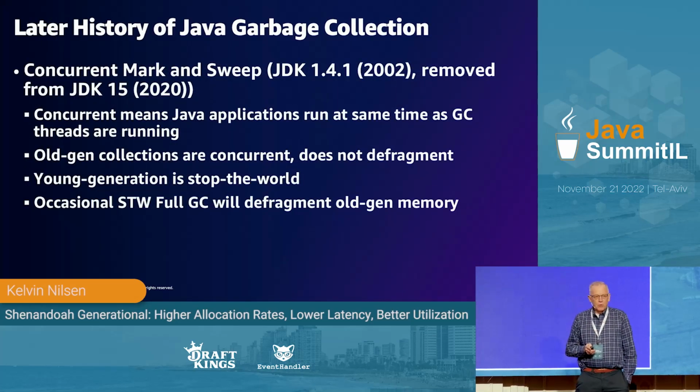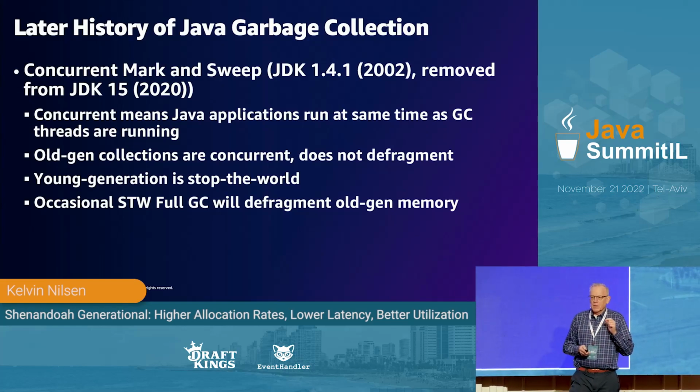About 2002, concurrent mark and sweep was introduced. Now, the idea of a concurrent garbage collector in the Java terminology is that the Java threads continue to run, your application continues to run at the same time the garbage collection is being performed.